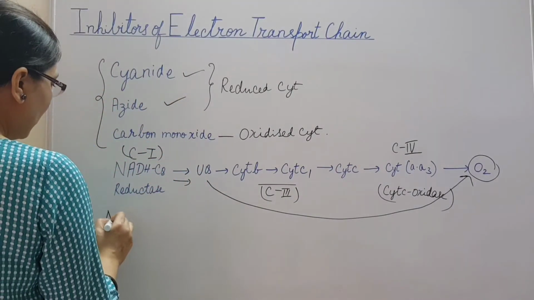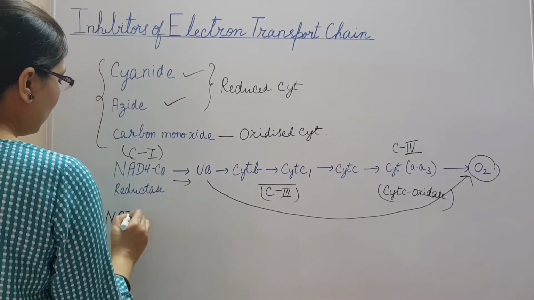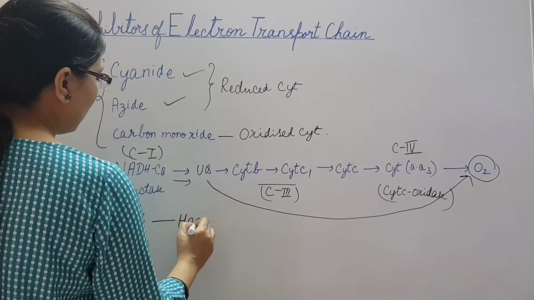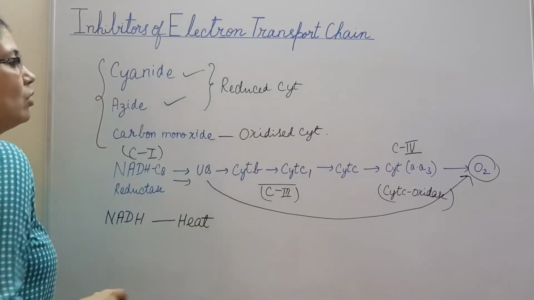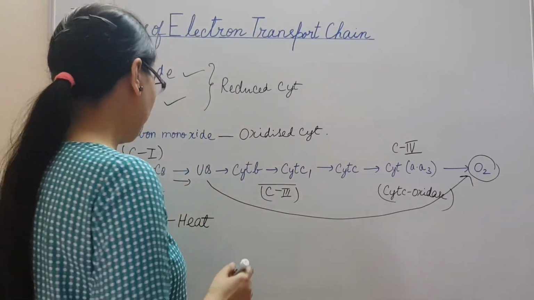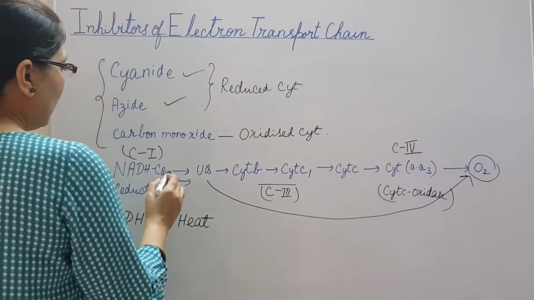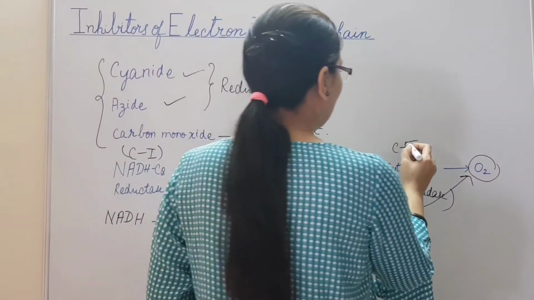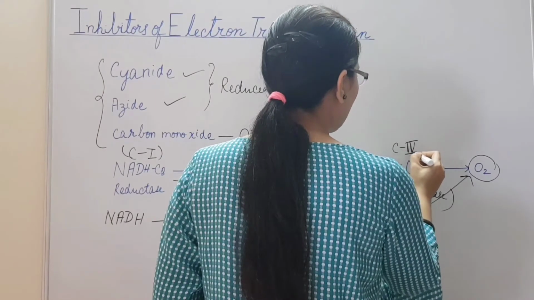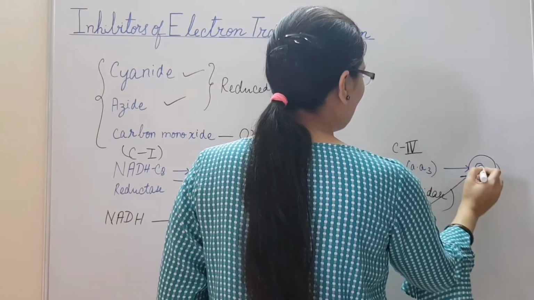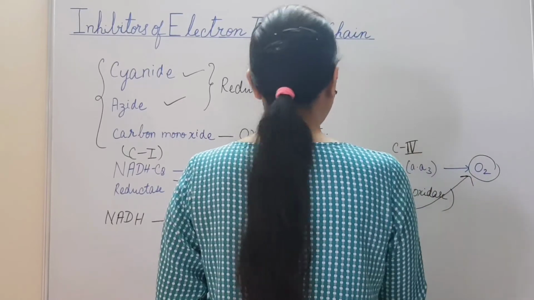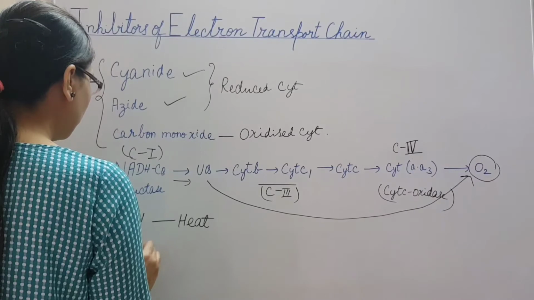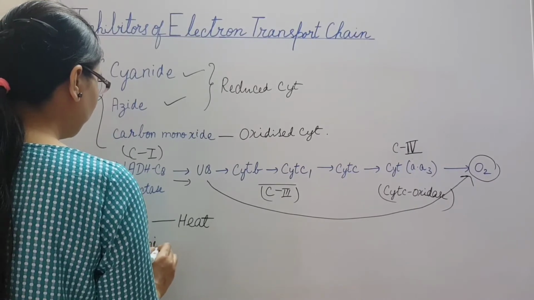The energy present in NADH is released as heat, because pumping of protons also does not take place. Since this pathway bypasses the transport of electrons from complex 4 to oxygen, this pathway is cyanide resistant.